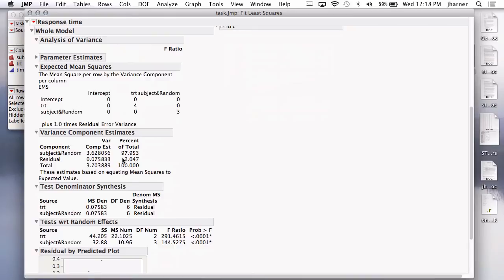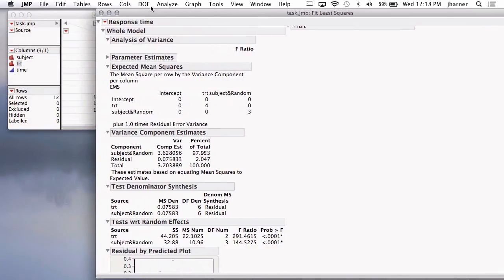The REML, the other method, is a way to avoid negative variance component estimates. Remember I said that there's nothing to stop this from having negative estimates using the traditional method, but REML will make it not be negative. So what we did in the traditional, we said, okay, if it's negative, I'm just going to set it equal to 0.